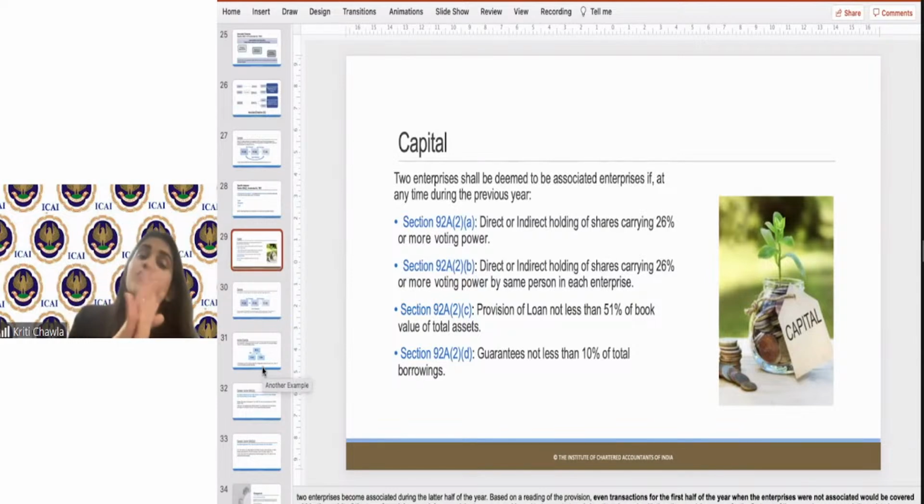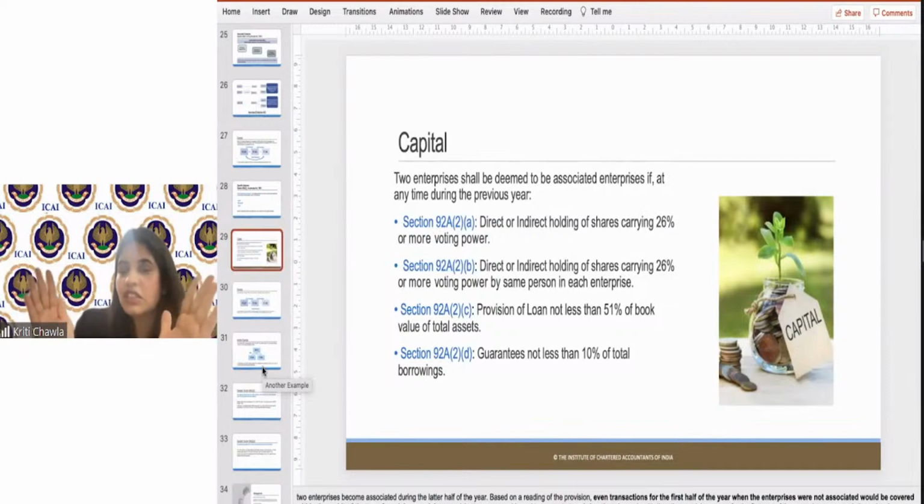If you look at these four instances, when I read them for the first time, I thought that they were more inclined to capital. They were all talking about capital shareholding, or they were talking about loans and guarantees.